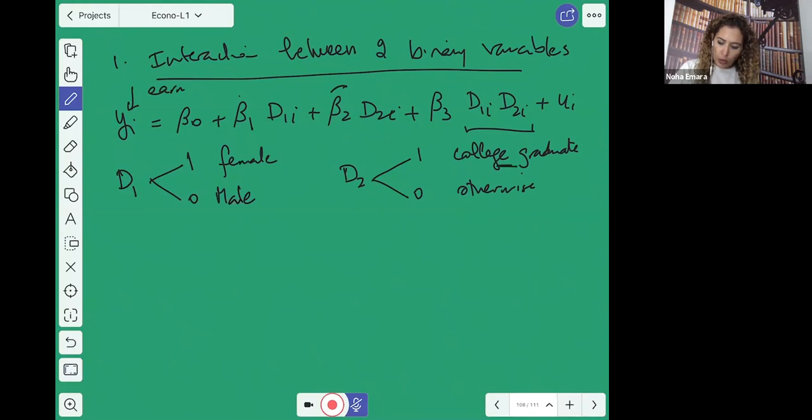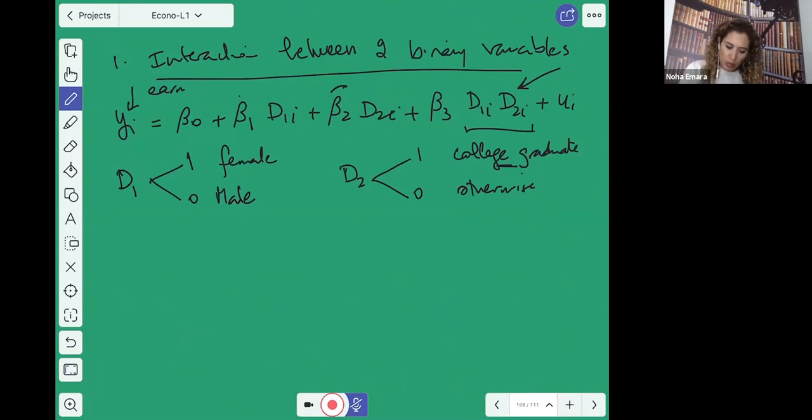If I want to see whether having a college degree affects my earnings, then I have to see the impact on Y for the presence of D2 versus the non-presence of D2, right? If I have this model with D2 versus the model without D2, then the subtraction of both models would give me the effect. It's exactly like the idea of taking the first derivative with respect to D2. But these are binary variables, so we cannot take a first derivative, because it takes only 0 and 1, with nothing in between.